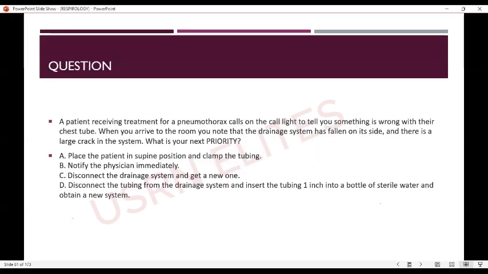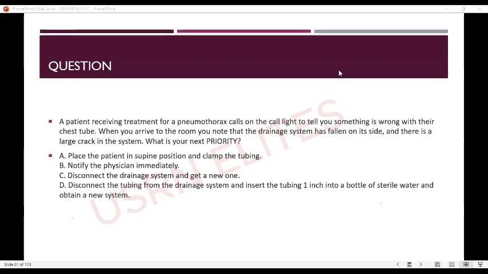Okay, good. I think the last question. Can someone read, please? A patient receiving treatment for a pneumothorax calls on the call line to tell you something is wrong with their chest tube.